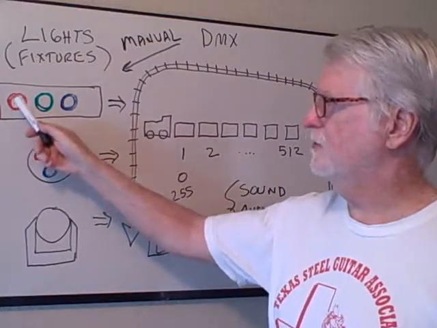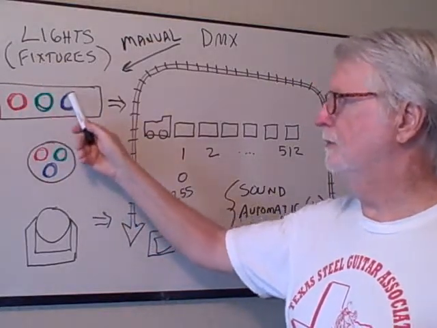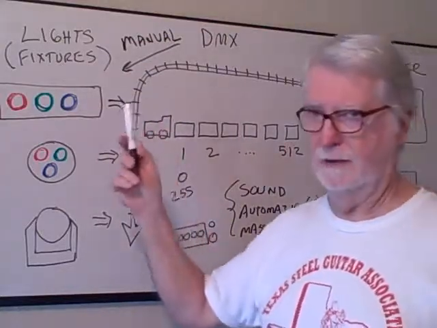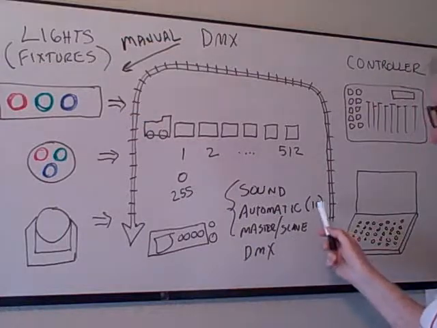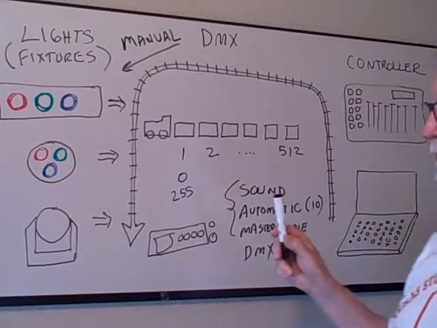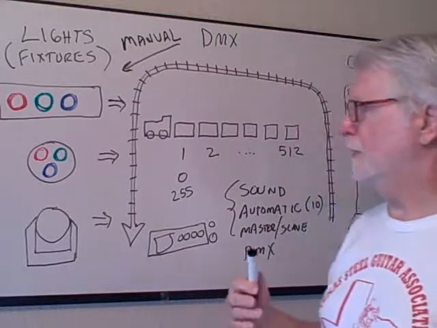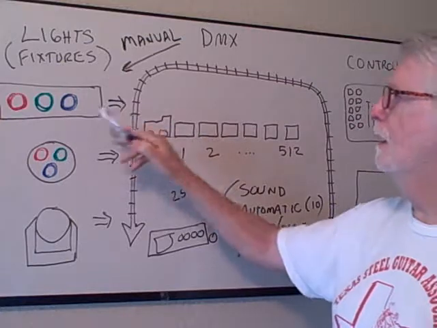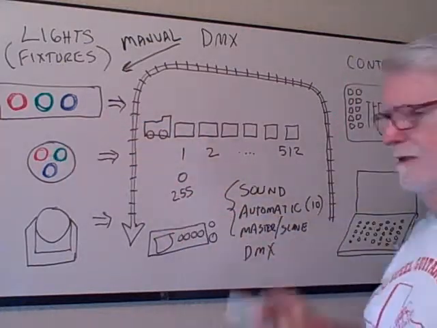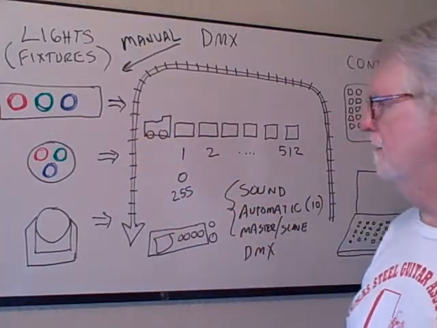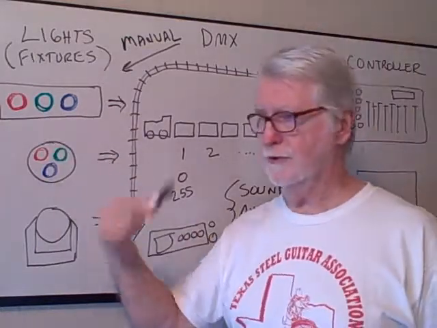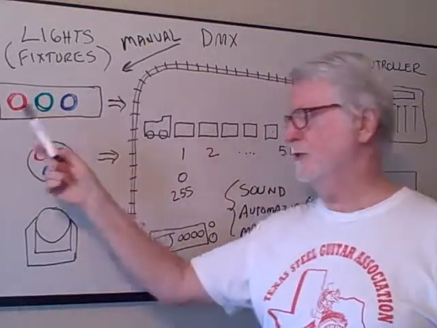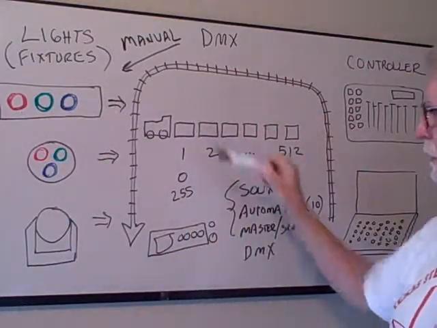So the red may stay on for half a second, then the green comes on for half a second, then the blue comes on for half a second, and it rotates around. That's completely at the discretion of the manufacturer. But the point is, there are probably 10 or so of these automatic modes predetermined by the manufacturer, and some fixtures will allow you to create your own automatic mode and save it, a program mode. Those are not necessarily terribly handy, but you will definitely see that in the manual. It's handy if you just want something to rotate through the colors or do a chase. If that's what you're looking for, that can happen as well, with automatic mode.